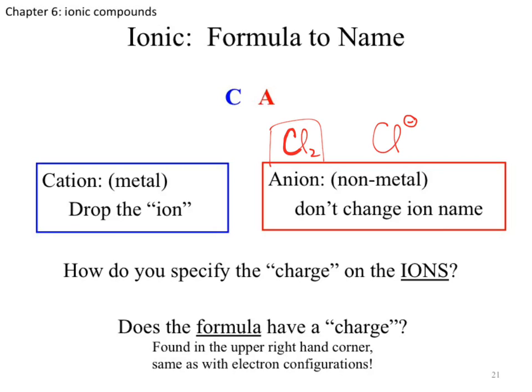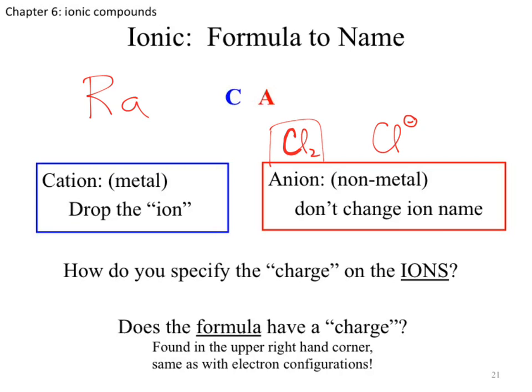The next bit of information is if we look at a formula, does our formula carry a charge? Well, one of the things that we haven't talked about quite yet is where our electrons are specified in a formula. We've talked about where the protons are specified in a formula. Where are the protons specified? Where would I specify the protons for this element?